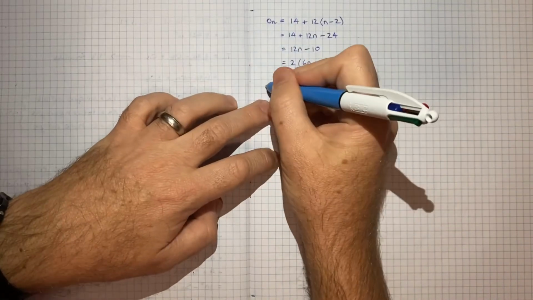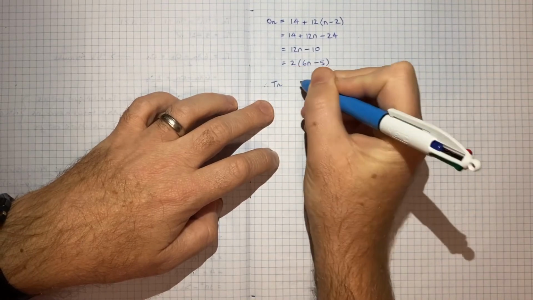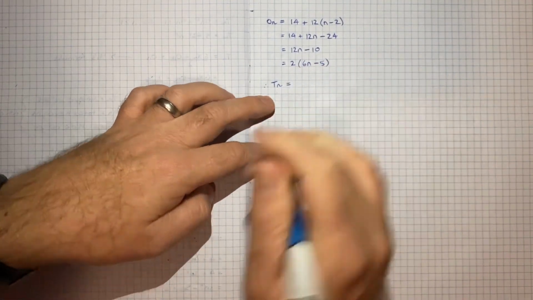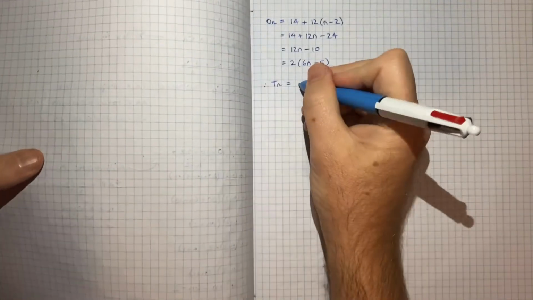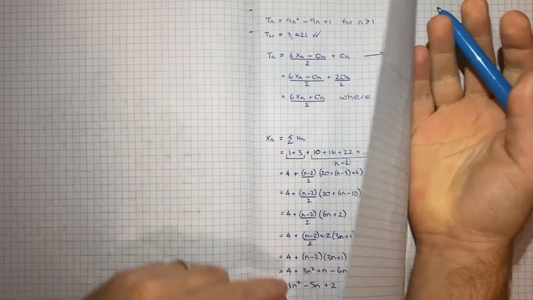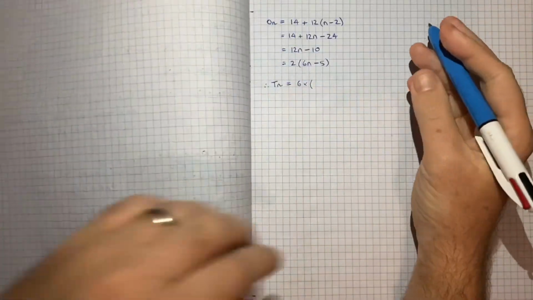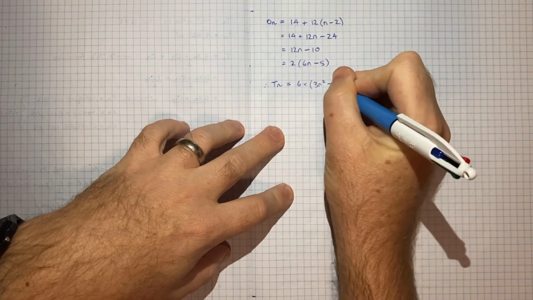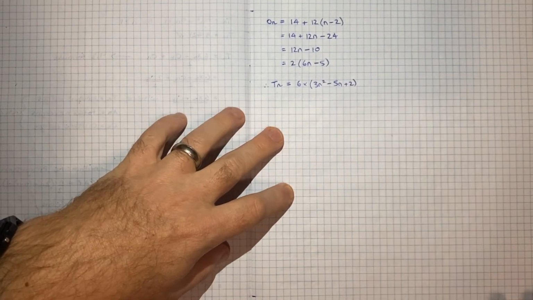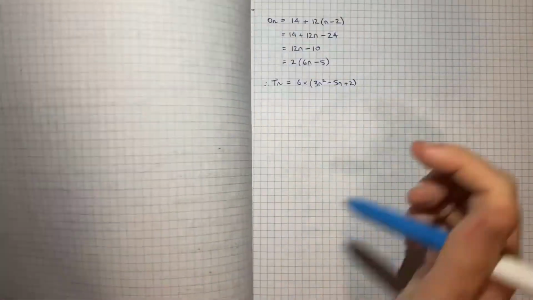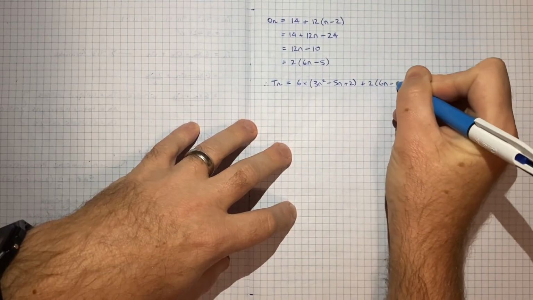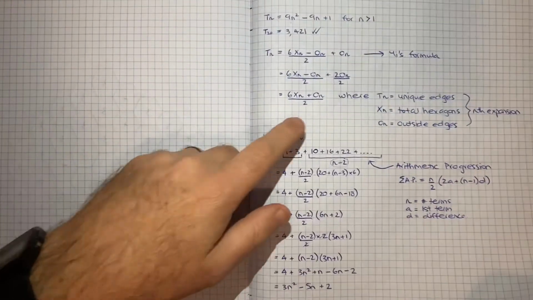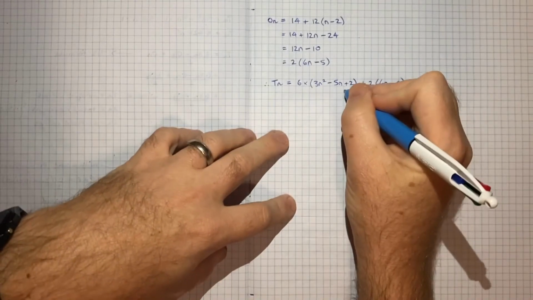We can say, therefore, Tn, the total number of unique edges, will be equal to 6 times xn, so 6 times 3n squared minus 5n plus 2, plus on, so plus 2 times 6n minus 5, and then that's all divided by 2.